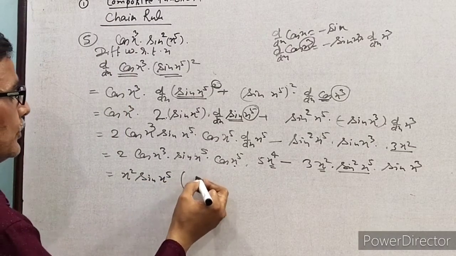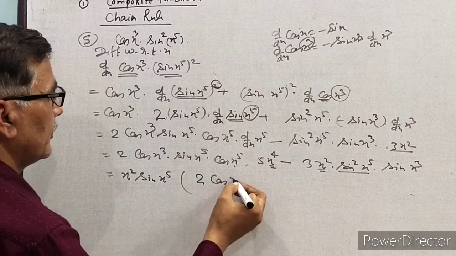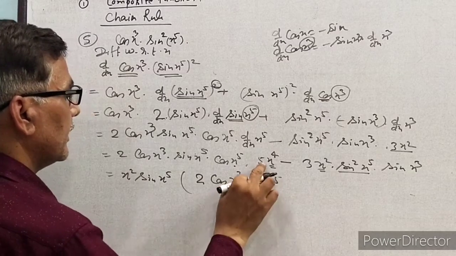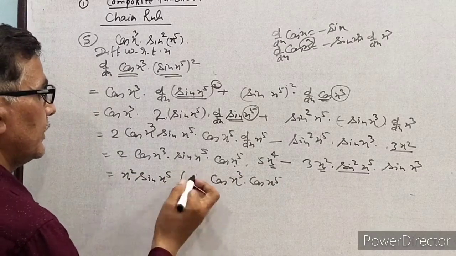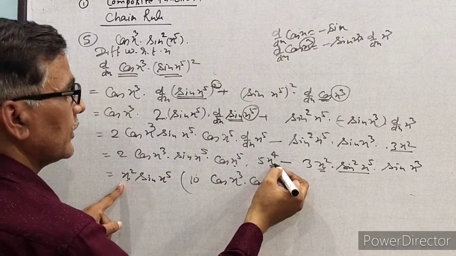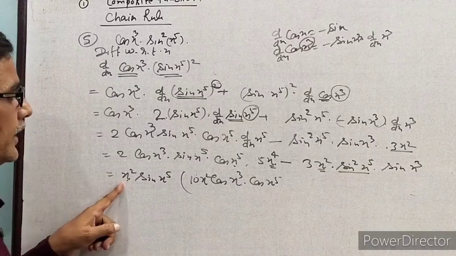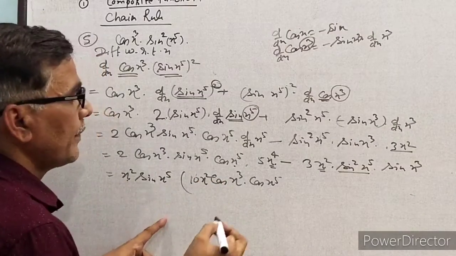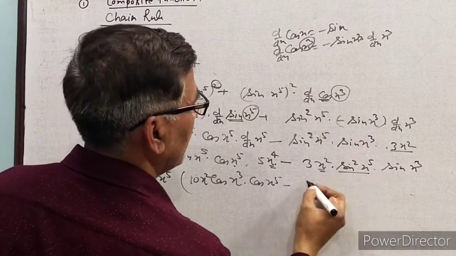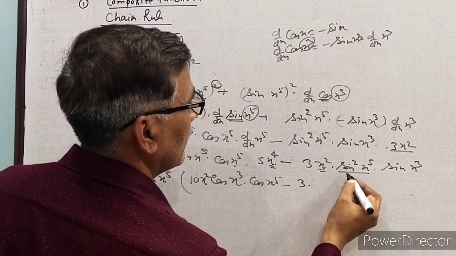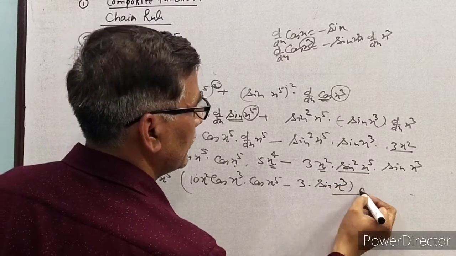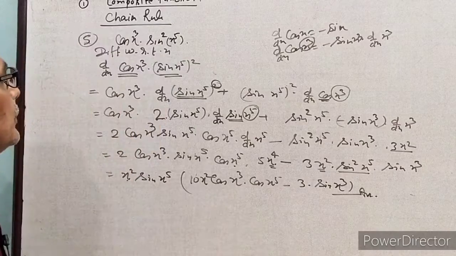We have 2 cos x cube into cos x raised to 5, and this is 5 2 ja 10, not 2 10, and we have taken x square common. Here we have x raised to 4, so x square remains here, minus 3 into sine of x cube. This is the result for this question.